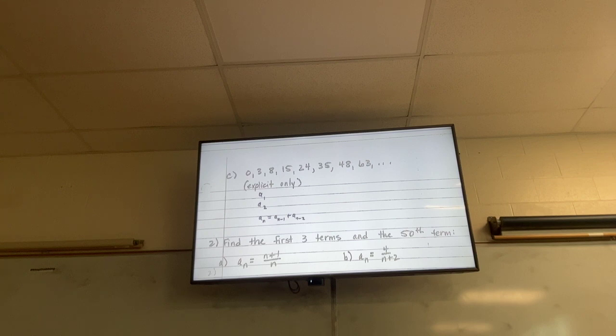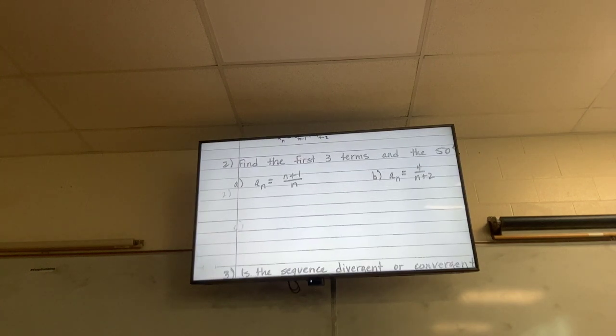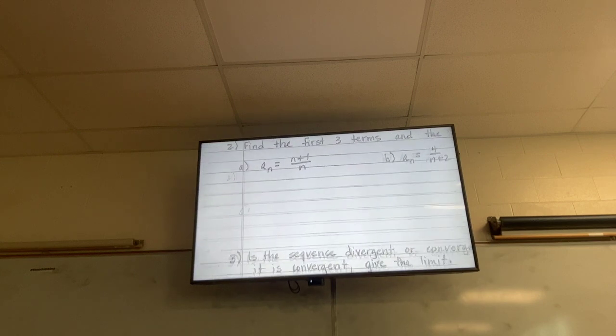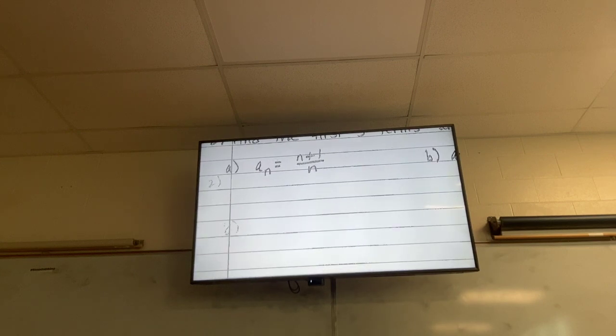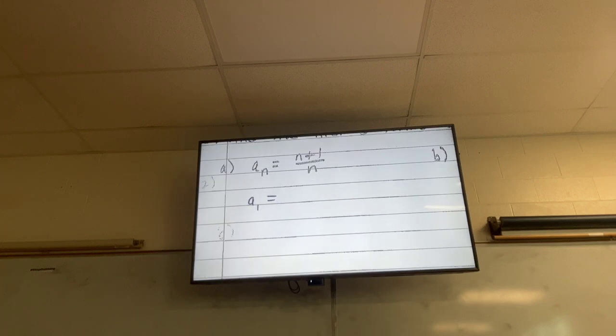Looks like this might be that whole page. All right, so let's find the first three terms and the 50th term of these two. Okay, so to find the first term, I call that a sub 1. Just plug in 1 for n. So it's 1 plus 1 over 1, which is 2.